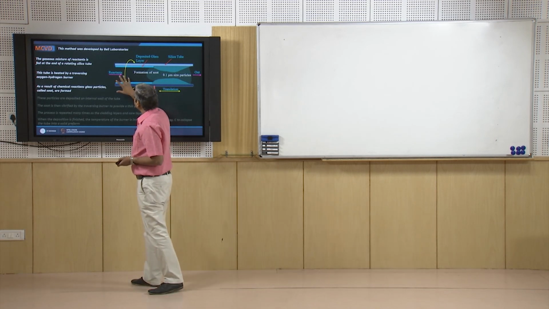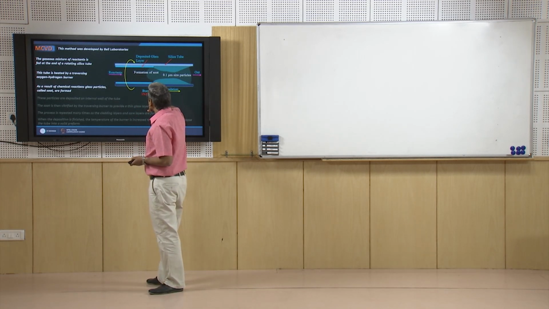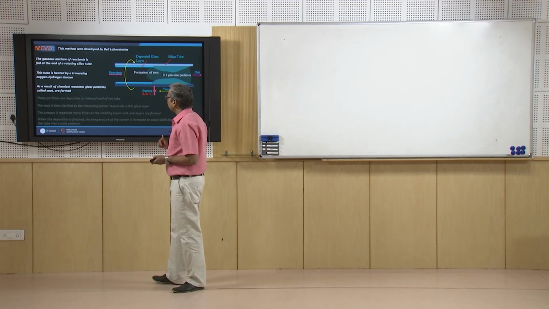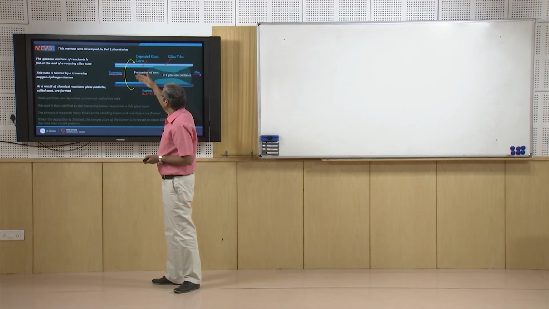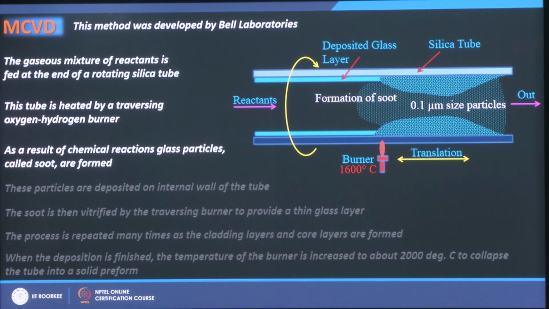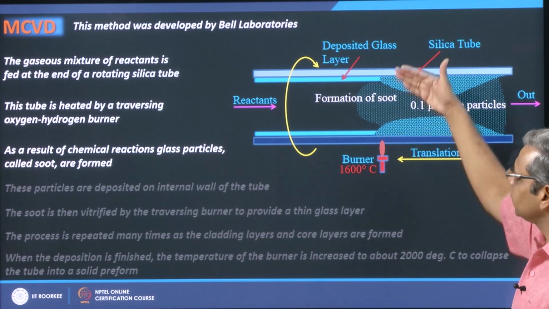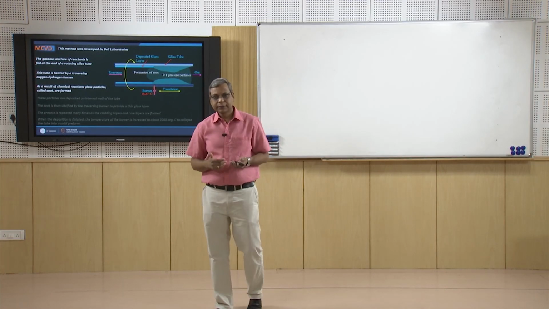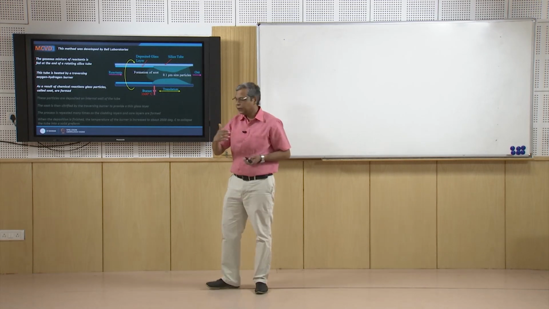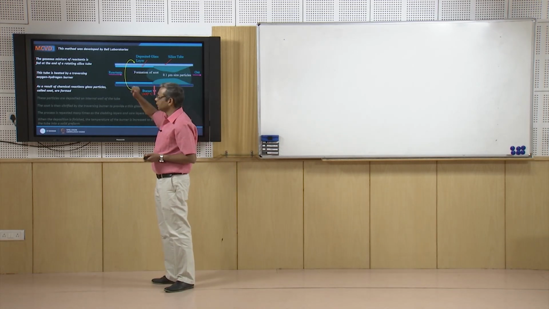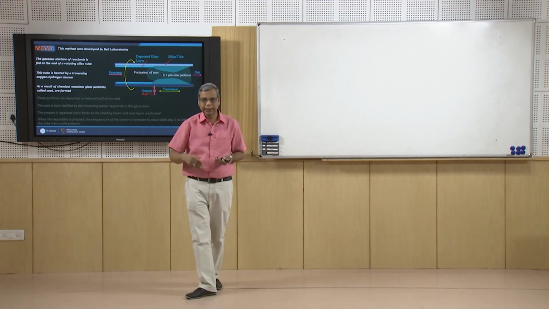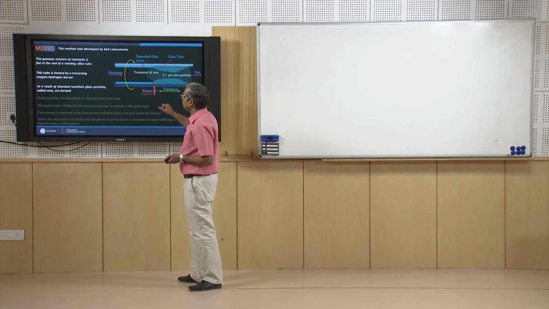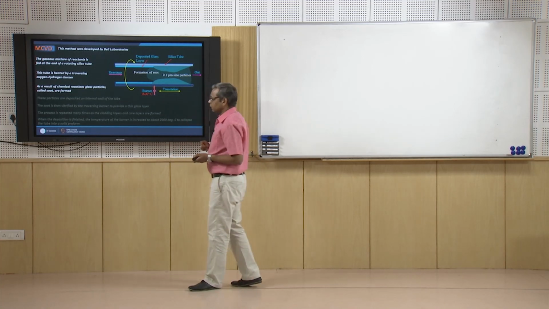When the reactants are flown into this tube and they are heated, then as a result of chemical reactions, glass particles are formed. Since it is inside vapor deposition, first you deposit cladding layers inside this tube. So initially you just put SiCl4 here in an oxygen environment, heat it up, and oxidize it. Initially glass particles are formed.